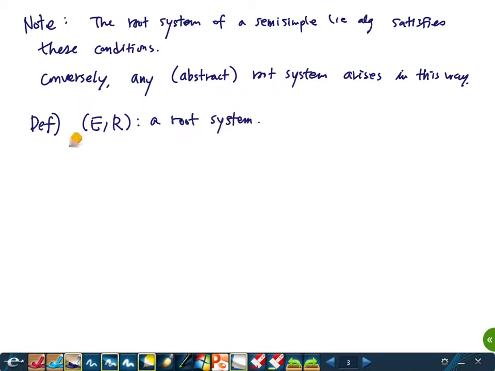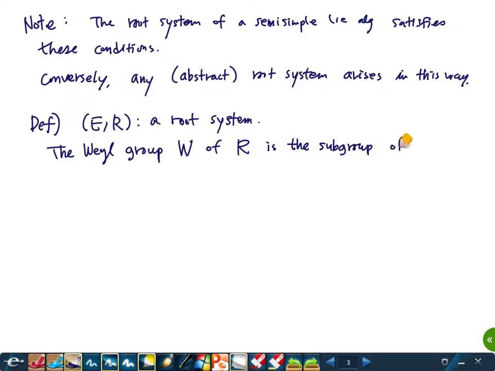Then the Weyl group, denoted W as before, of R is the subgroup of the orthogonal group on this vector space E, right?